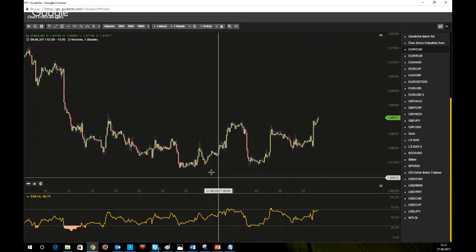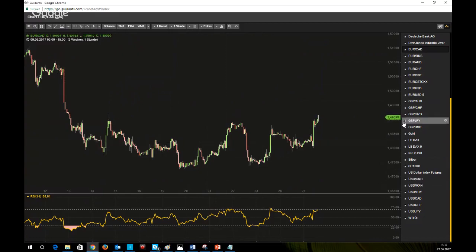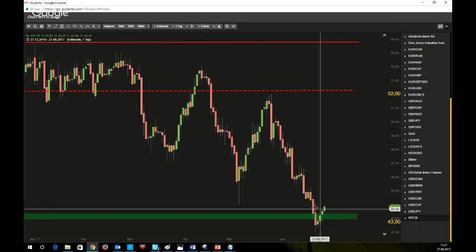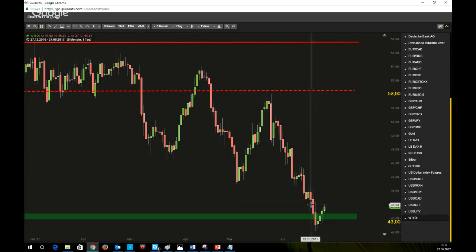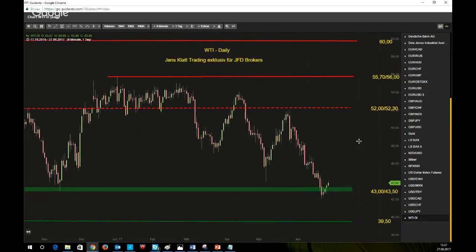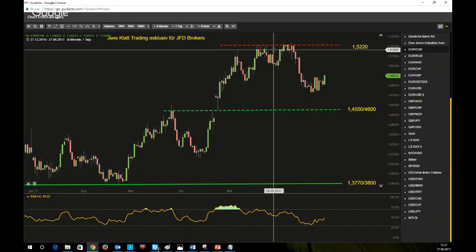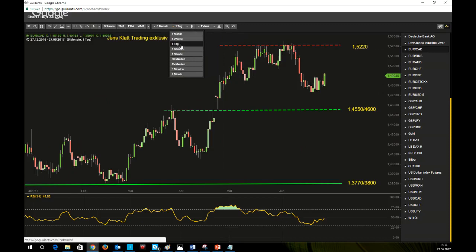One of the main reasons, by the way, for this weakness here in the Canadian dollar wasn't the Canadian dollar weakness itself, but this drop in oil prices here. So it was mainly due to this collapse in oil prices, which somehow made my Euro Canadian dollar trade lose its momentum on the downside.